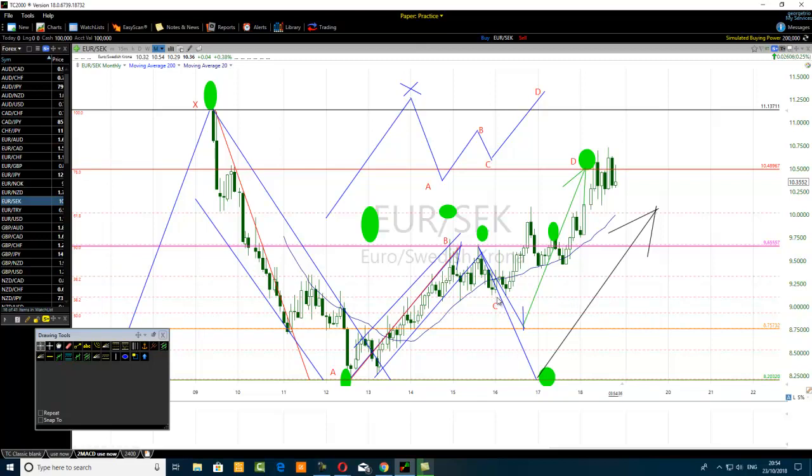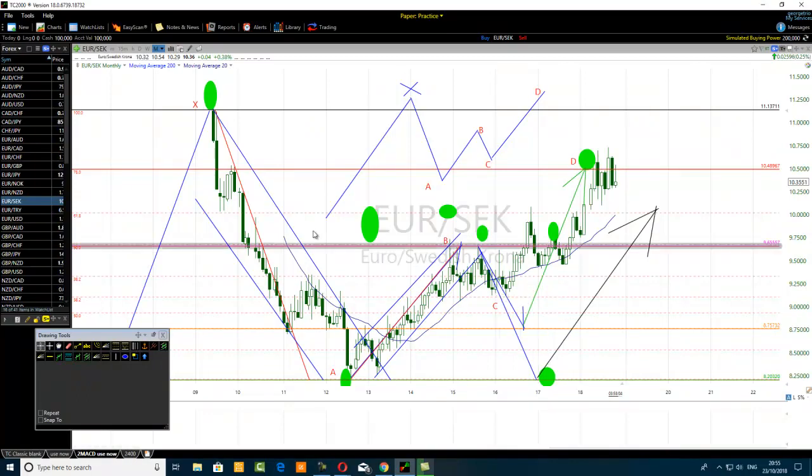You can see here it stopped at the 38.2% Fibonacci retracement of AB. So BC was retracing AB in this case at 38.2%. Now, originally, when we were here, because it didn't touch the 61.8% level and stopped at the 50% level, the pattern that comes to the mind of a lot of Fibonacci pattern traders is the bat pattern.